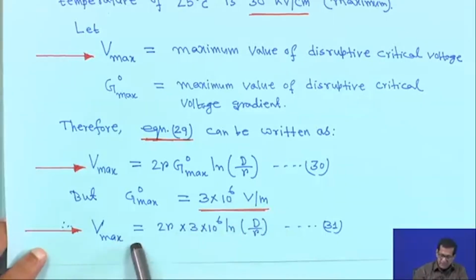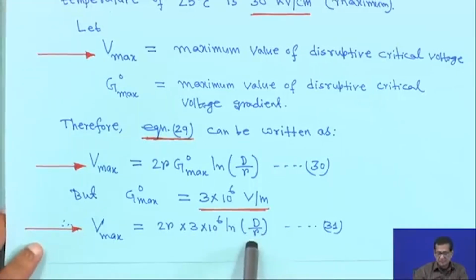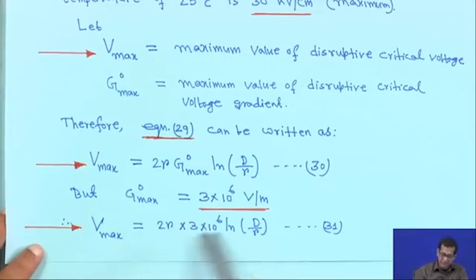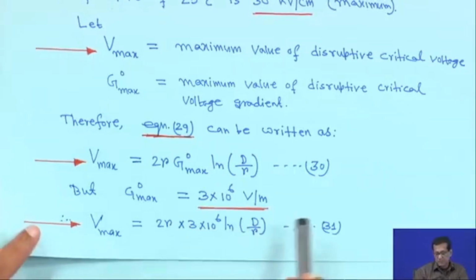So, V max is equal to 2R into 3 into 10 to the power 6 ln d upon R. So, this is the maximum voltage. Of course, R will be in meter, because we are writing it is volt per meter. So, this is volt.